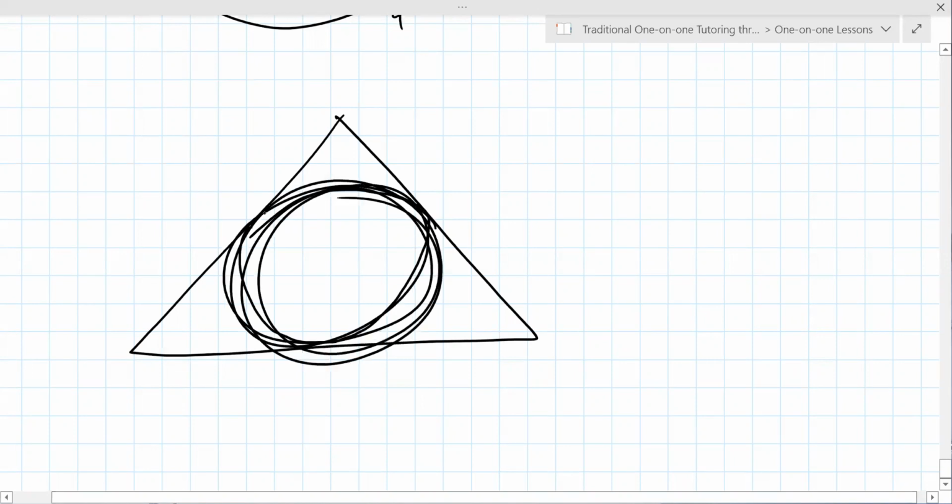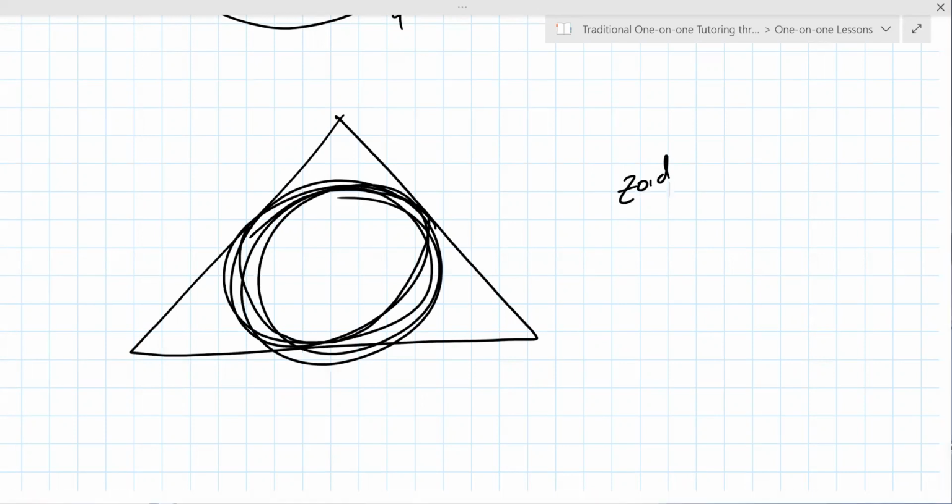Okay, I found its name. It's called a zoid. Is that just some random name in the textbook that doesn't matter? Yeah, I saw that. That's really weird. This textbook is almost as old as I am. It's not very modern, we'll say. Okay, I didn't know if that was an actual thing.